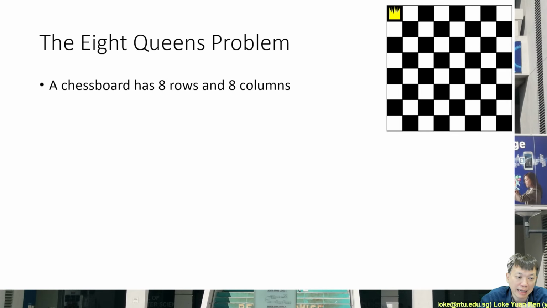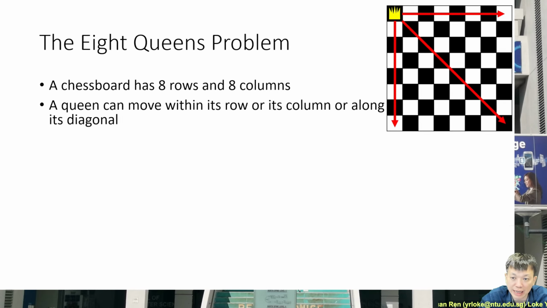So I use the 8 queens problem as an example. If you have a chessboard which is 8 rows by 8 columns, and you know that a queen in chess can move horizontally, vertically, and diagonally.